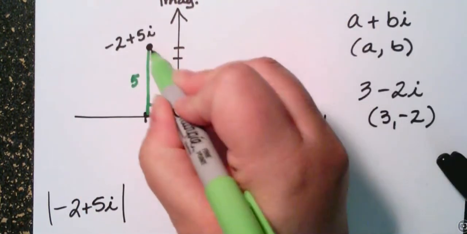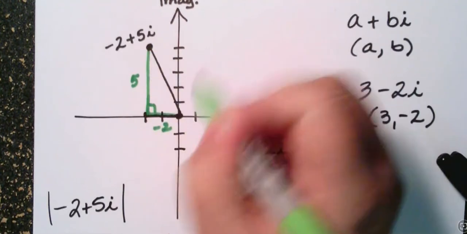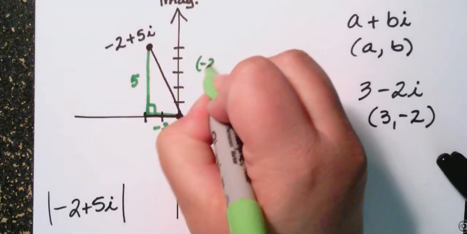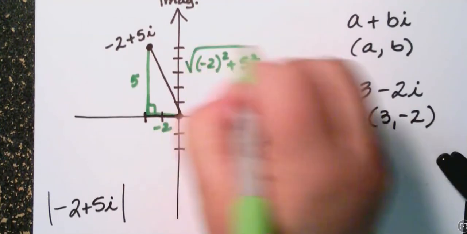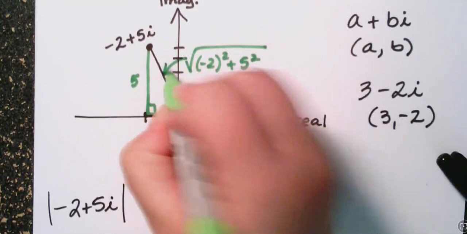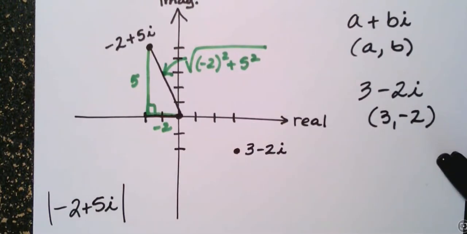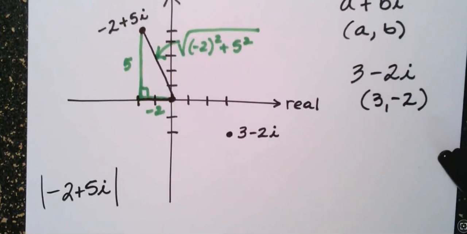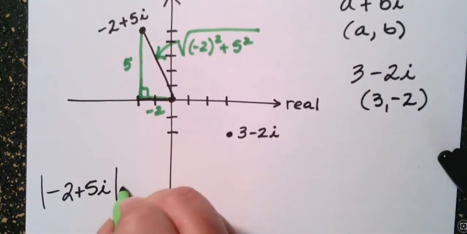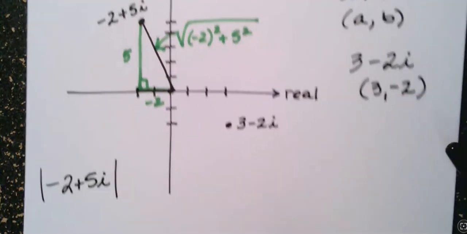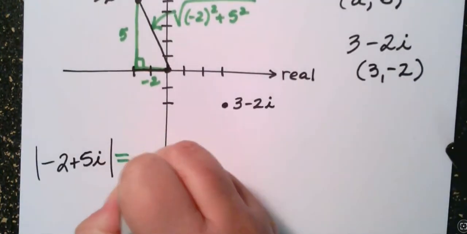And to get this distance, the diagonal, I'm going to do negative 2 squared plus 5 squared and then take the square root. That's this length. So it's exactly like doing the Pythagorean theorem. All right, so negative 2 squared is 4, 5 squared is 25. So the absolute value of negative 2 plus 5i is the square root of 29.